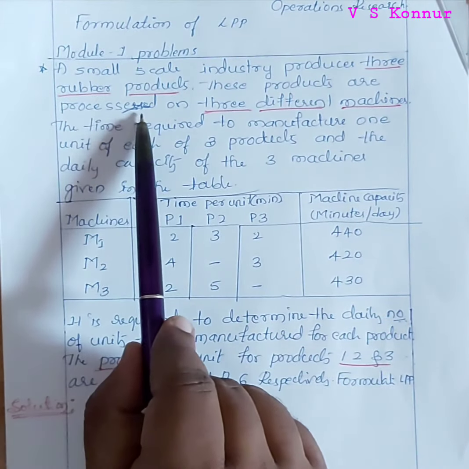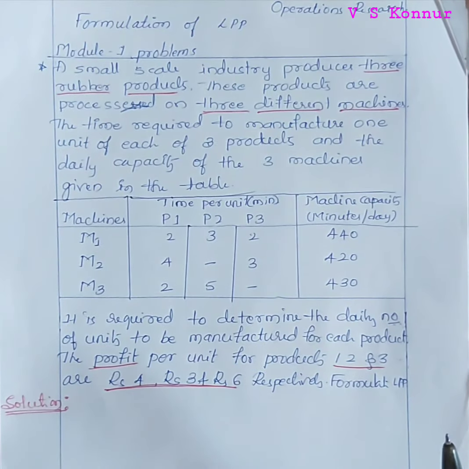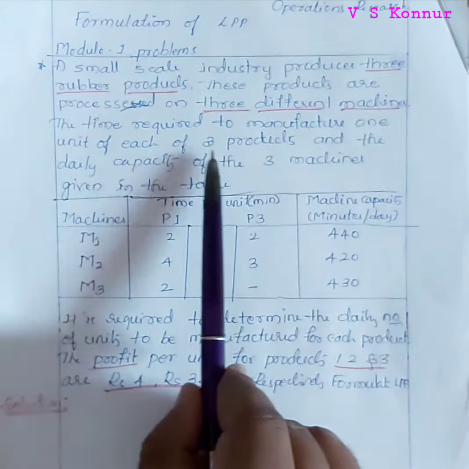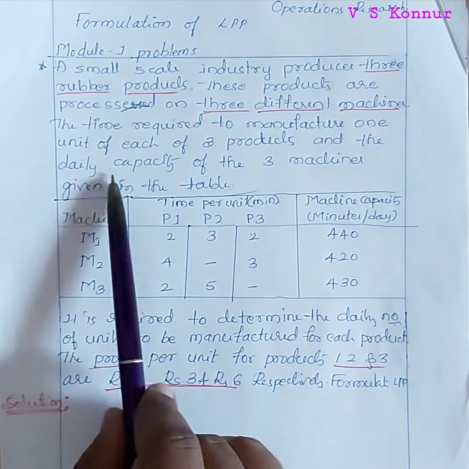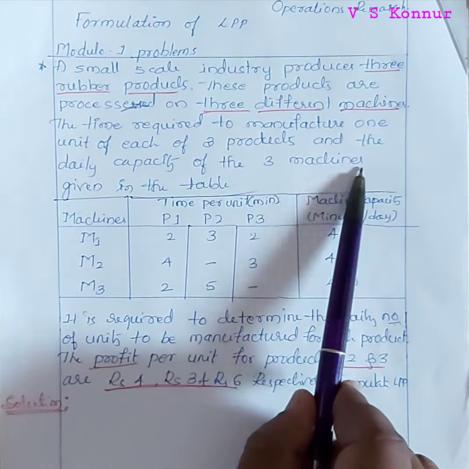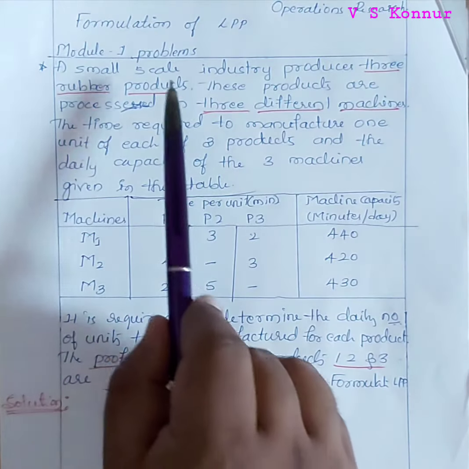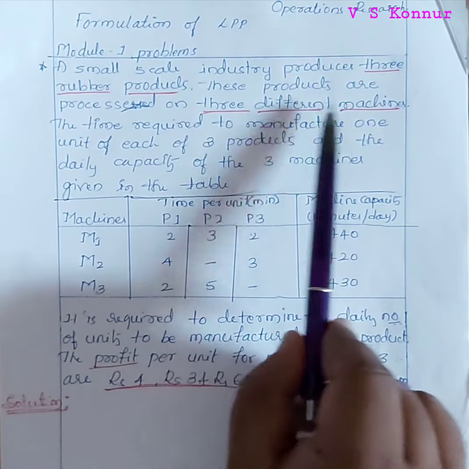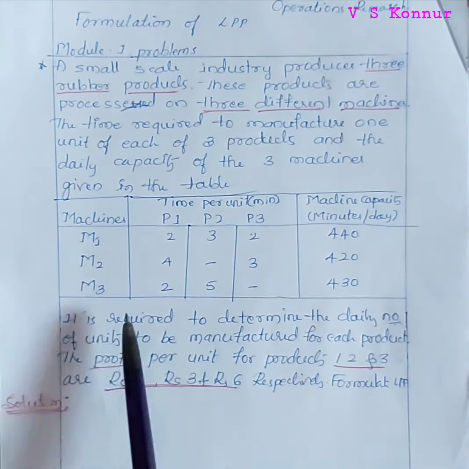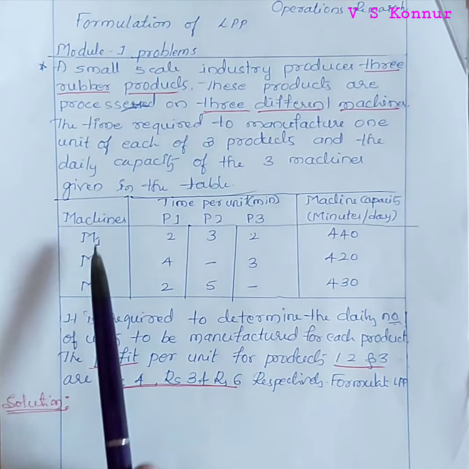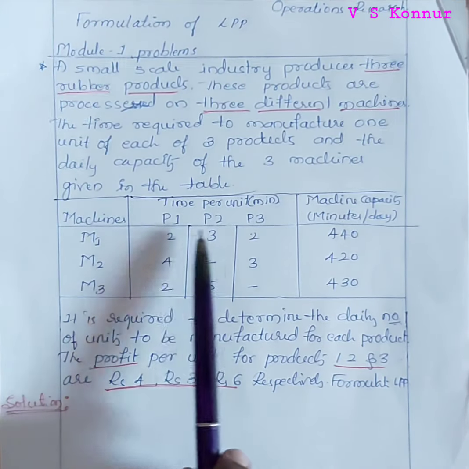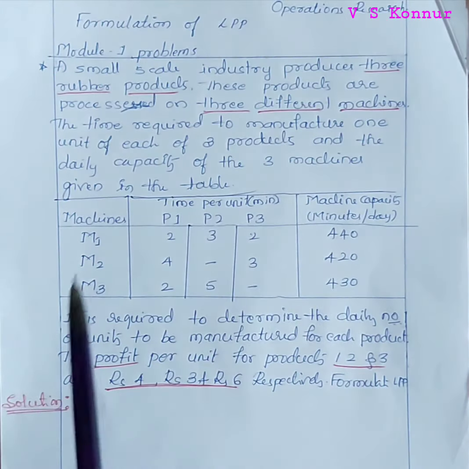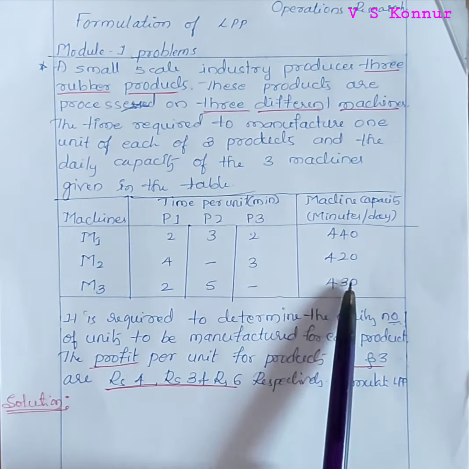The time required to manufacture 1 unit of each of the three products and the daily capacity of the three machines are given in the table. So there are three rubber products which are passing through three different machines. That is M1, M2, M3, three machines, P1, P2, P3 as three products, and the total available time for a particular machine is given in the table.